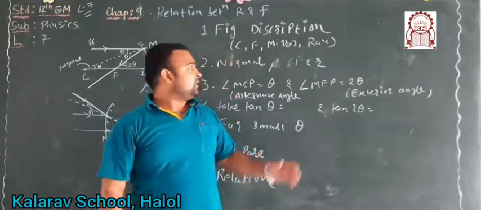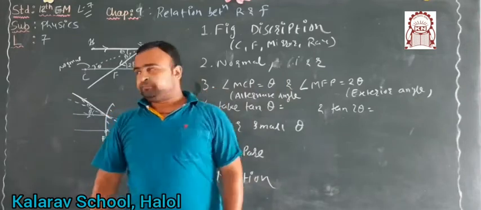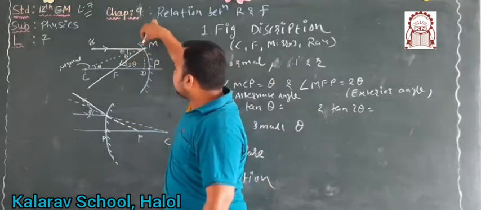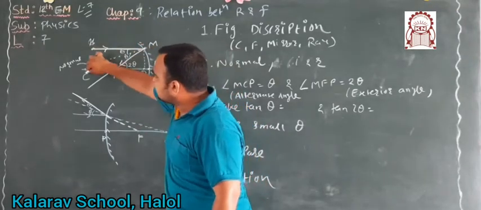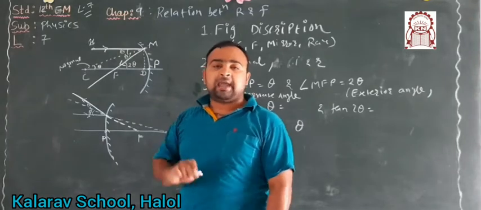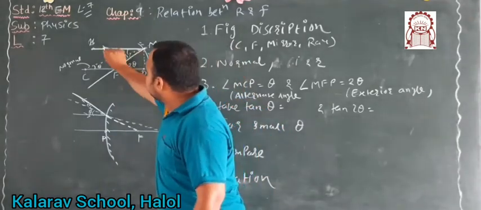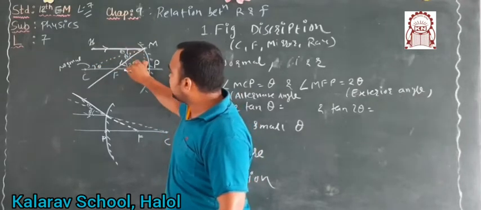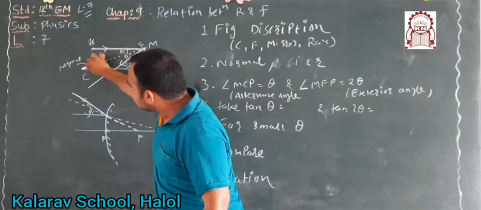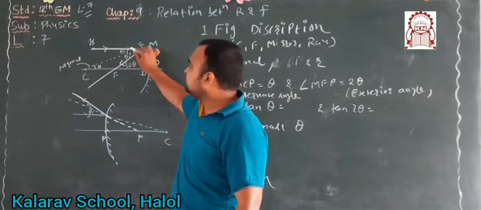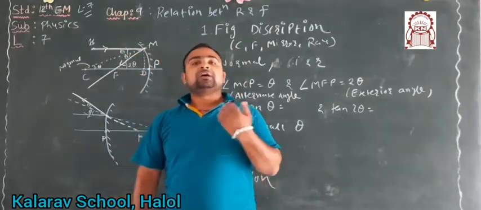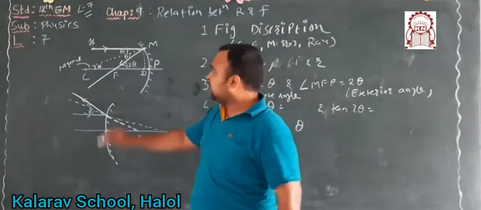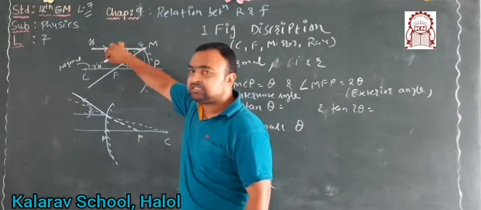Now from the figure you have to show the two triangles. The first triangle is triangle MCF. Here the incident ray and the principal axis are both parallel, so a Z shape is formed. This angle is the alternate angle, and alternate angles are always equal. These two are parallel and this one is the transversal.